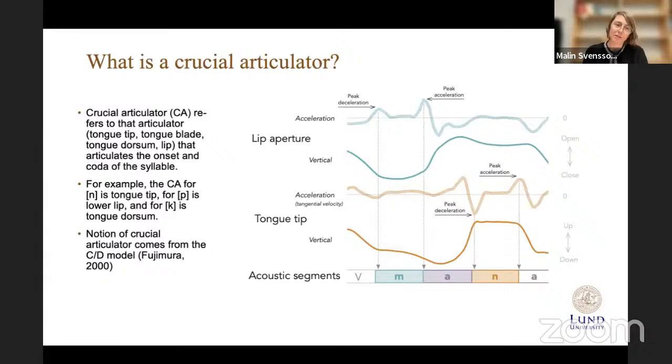That relationship is just very, very solid. But the timing of the peak, which also determines the duration of the segment, is very much affected by the jaw lowering. So there are some duration effects from the vowel because of the jaw, I think.